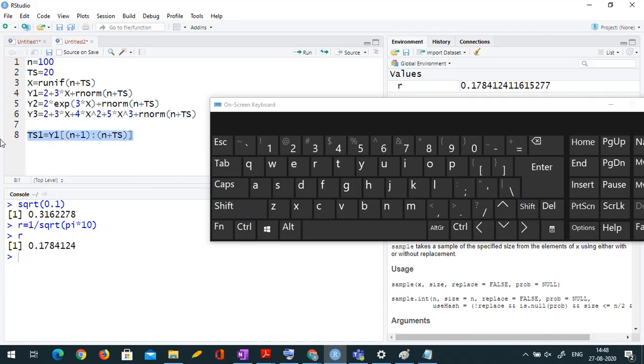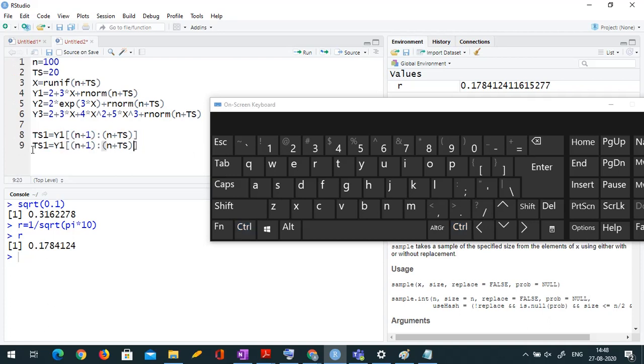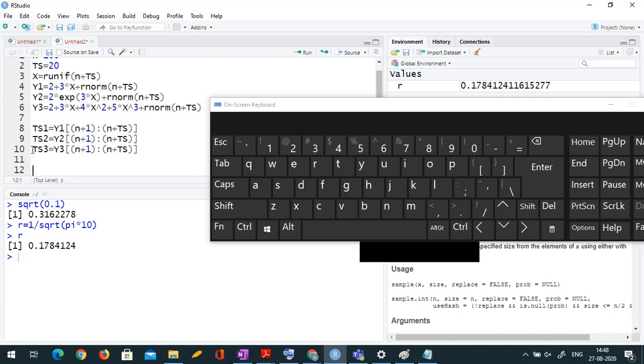Similarly, I can have a second test set and a third test set. So for the second test set, I have to just change this to y2, correct? And for the third test set, I have to change this to y3. Okay, so this is how I have generated the data.